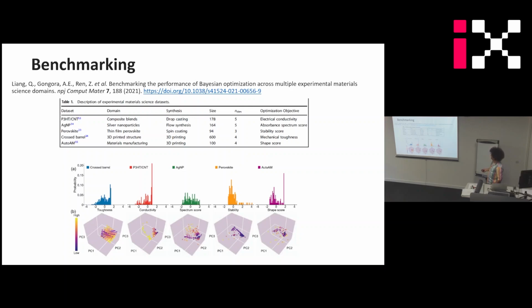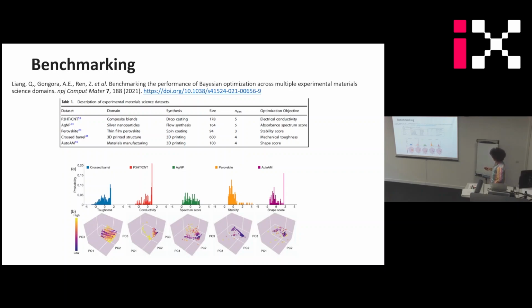So here, for this example, they looked at different problems and different data sets that have different sizes. They look at different types of material, and each material can be described with different dimensions. These are applications for real experiments, hence it's more like Bayesian optimization in the continuous space.